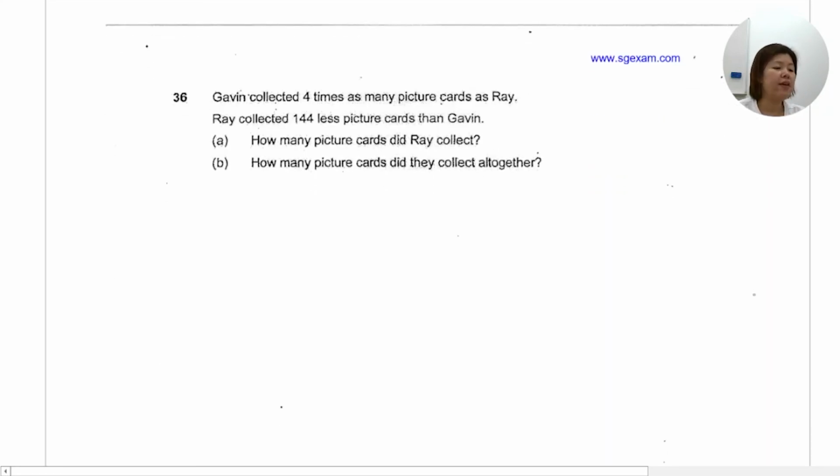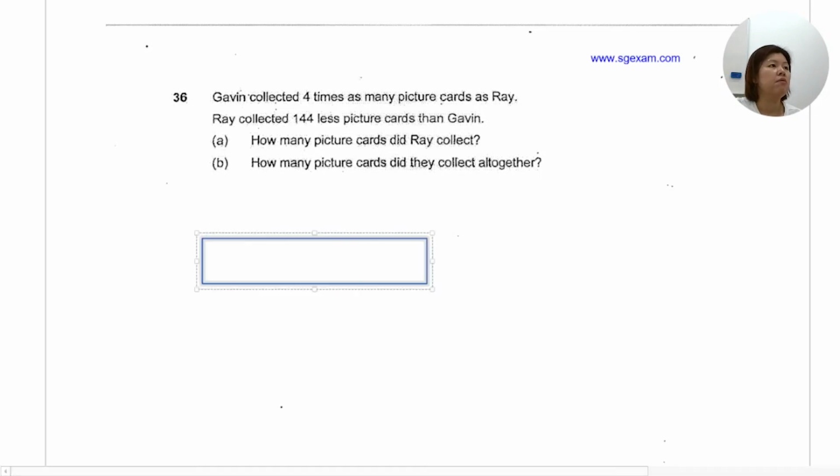Okay, next, Gavin. Gavin collected 4 times as many picture cards as Ray. Let's draw Gavin. One, two, three, 4. This is G. And Ray is 1.